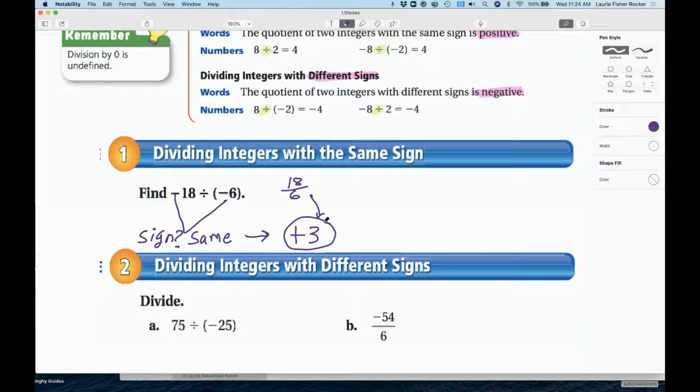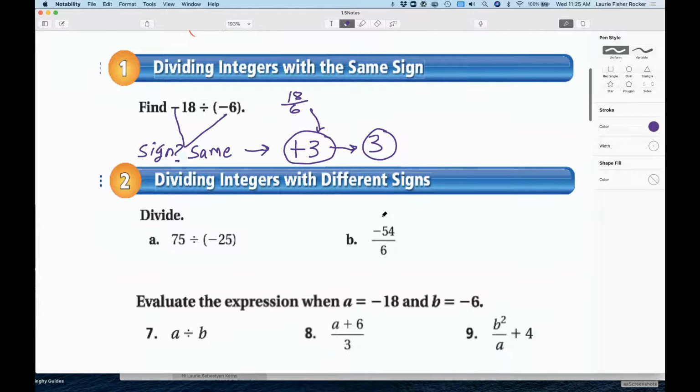Now, invisible math says there are some things in math that don't necessarily have to be written down. For example, positive 3 is just simply 3, so you could just write it as 3. And so the two steps: what are we doing with the sign, then do the math. If we look at this next problem, A, we're looking at the signs here.